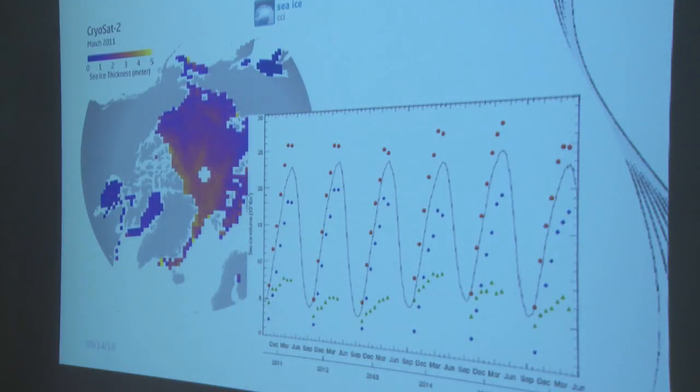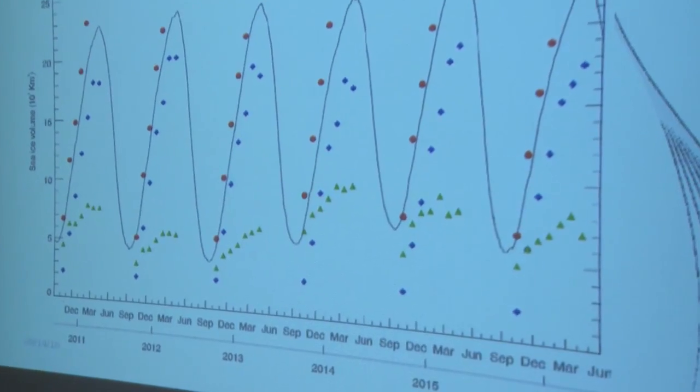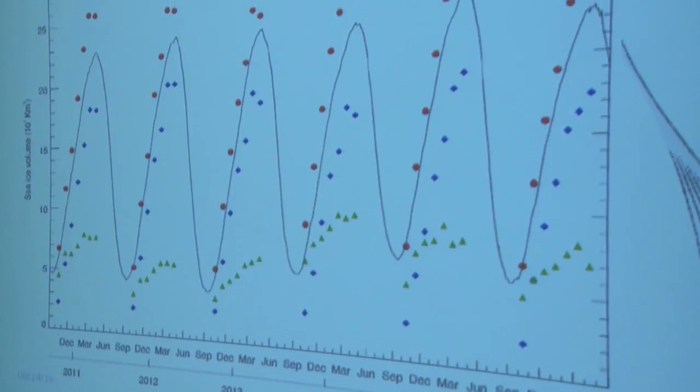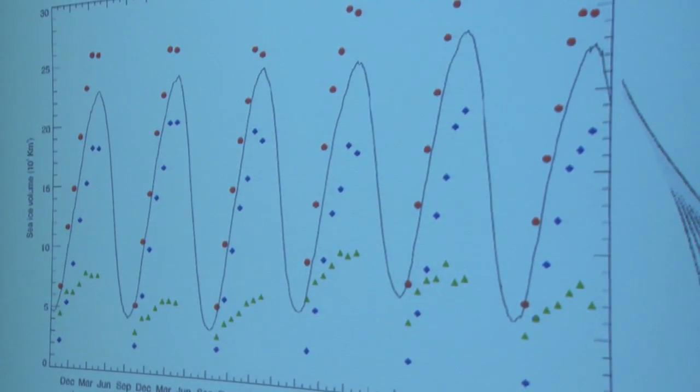What we see there is interesting stuff. Actually, Sinead already showed you a different version of this graph, but the green triangles, actually I can just make that a bit larger. The green triangles are the volume of multi-year ice. Volume of ice that has survived at least one melt season in the Arctic.